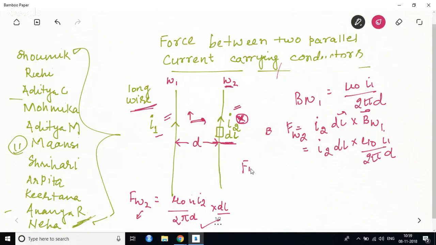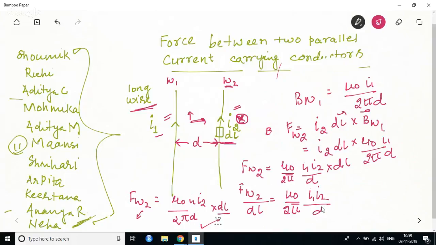So force on the second wire would be mu naught by 2 pi I1 I2 divided by d into dl. Now if I want to find out force per unit length, I will divide it by dl, and that comes out to be mu naught by 2 pi I1 I2 divided by d. So this is how you do it. Okay, yes, Ruhi, your answer is right.